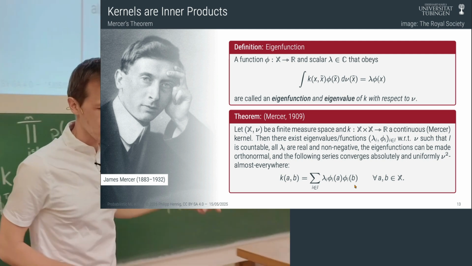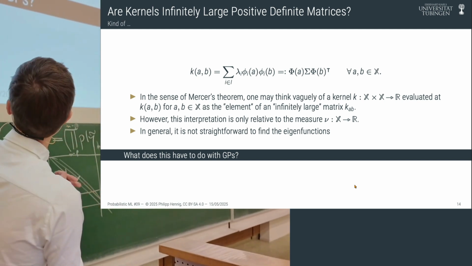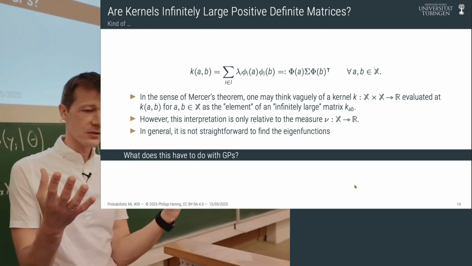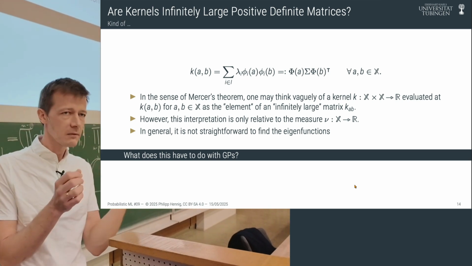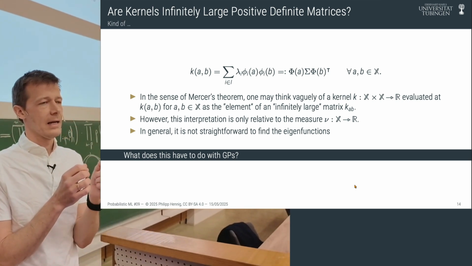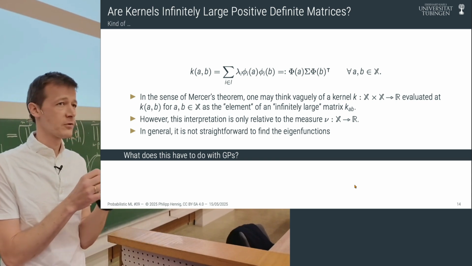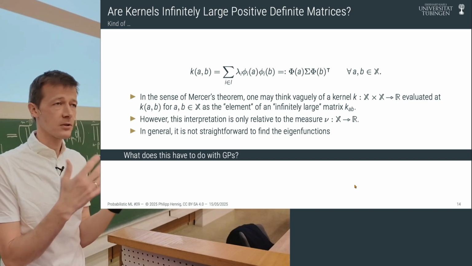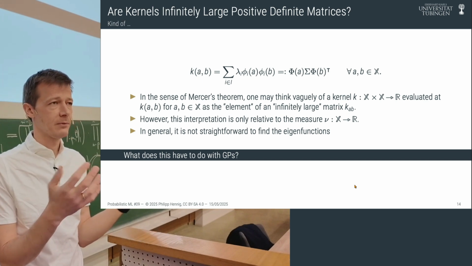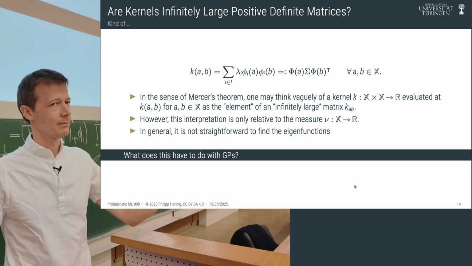There's a bit of a caveat, though, namely that these eigenfunctions, as you saw on the previous slide, are defined by integrals. And integrals are infinite sums. And when you do an infinite sum, you have to say how you do the sum. For discrete sums, there is only one way to do the sum, because there's just finitely many elements, and you have to sum them all up.